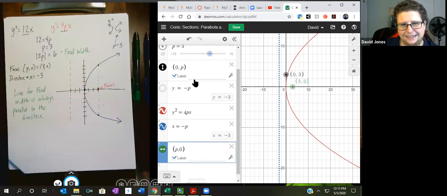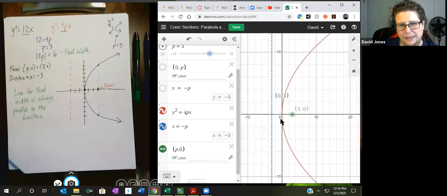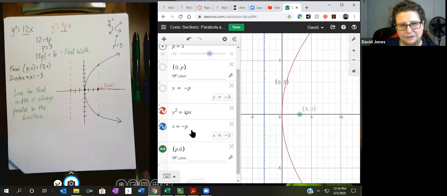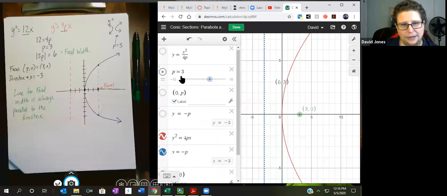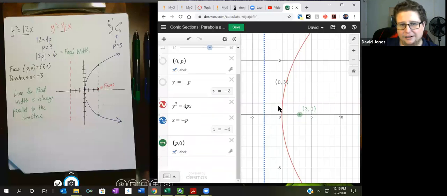That was kind of neat. See how the arrows tell you which way the axis of symmetry is going. So we can see it here. We've got p equals 3. We put that in. Does that work? Putting in 3, 4 times 3 is 12. Y squared equals 12x. That works.